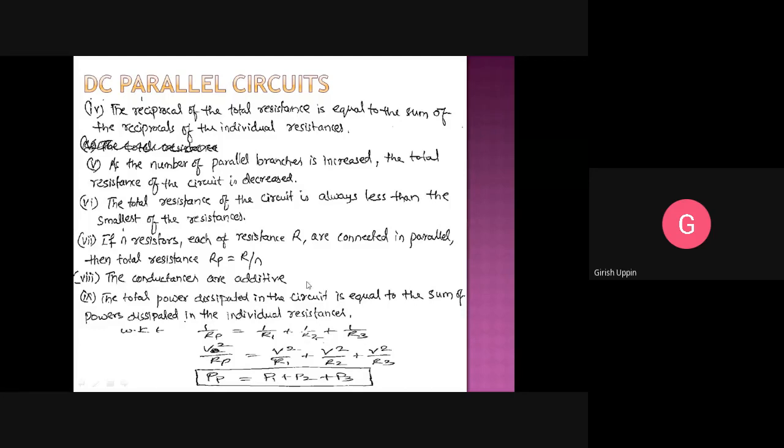The conductances are additive. The total power dissipated in the circuit is equal to the sum of the powers dissipated in the individual resistances. Similar to a series circuit, the total power consumed in the circuit is equal to the individual power dissipated in each of the individual resistances. That's why we know that 1 by Rp is equal to 1 by R1 plus 1 by R2 plus 1 by R3. Multiply both sides by V square.